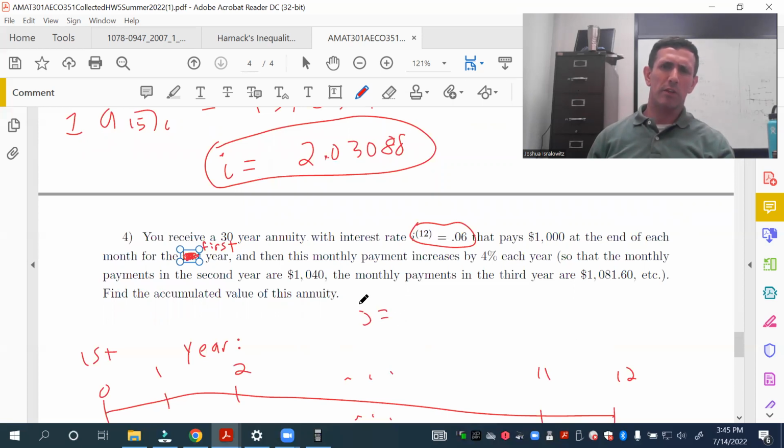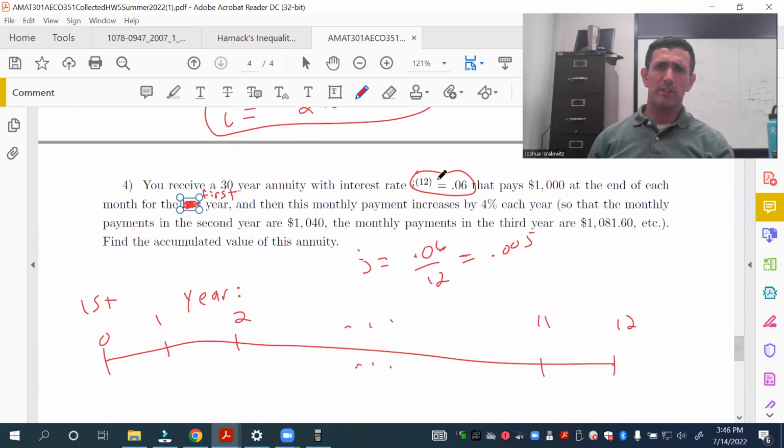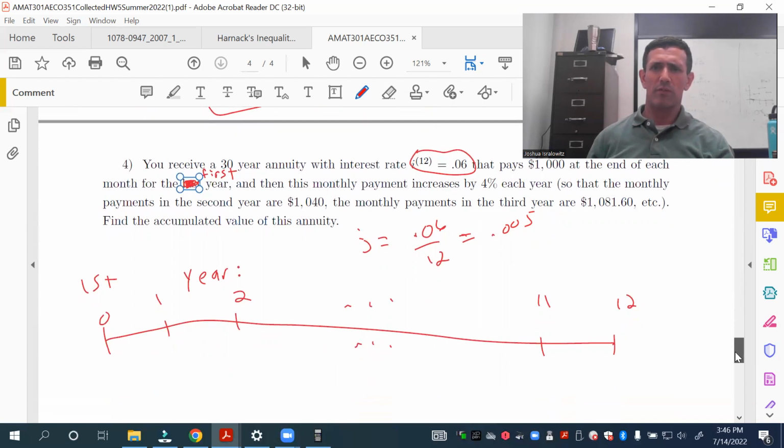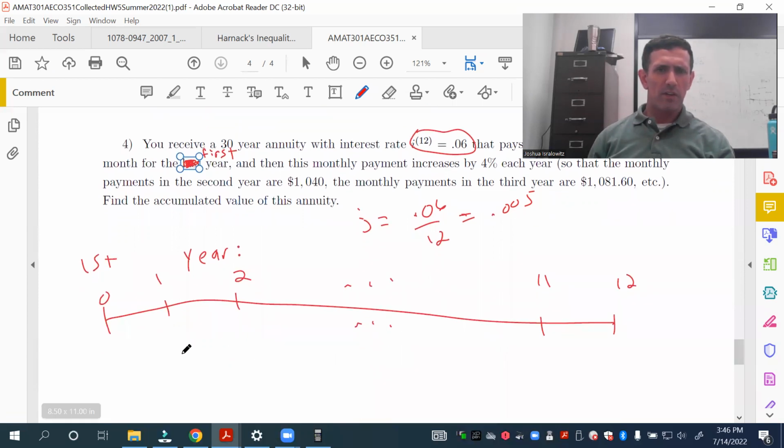If J is a monthly interest rate, then this is nominal interest compounded monthly. So it's 0.06 over 12, which is 0.005. It also does not mean the equivalent effective annual interest rate is 6%. We'll figure that out in a second. Don't really need the time diagram, but whatever. Draw it.